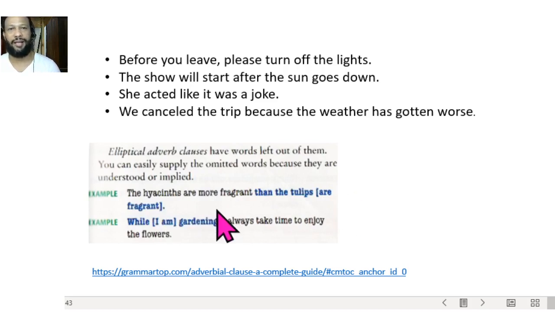You don't repeat that. Okay? And they are called elliptical adverb clauses. While I am gardening, I always take time to enjoy the flowers. While gardening, I always take the time to enjoy the flowers. So you omit part of the sentence. And I want you to look at this link that can give you access to more information on the topic. Let us move on.